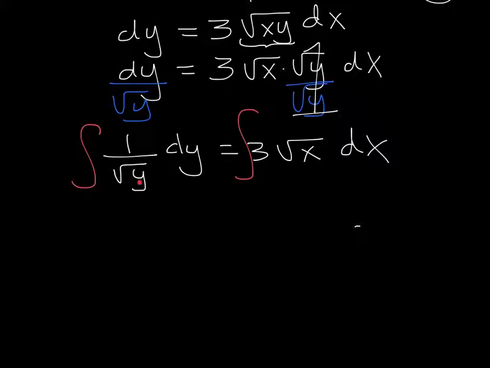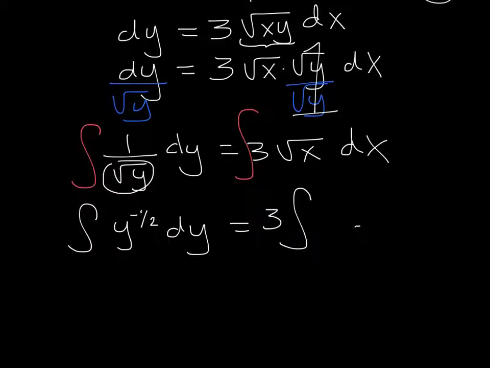So let's rewrite this as a power. The integral of, this is really y to the 1/2, but it's 1 over y to the 1/2. So I have y to the negative 1/2 dy. And I can take out the constant, and then this is just x to the 1/2 dx.